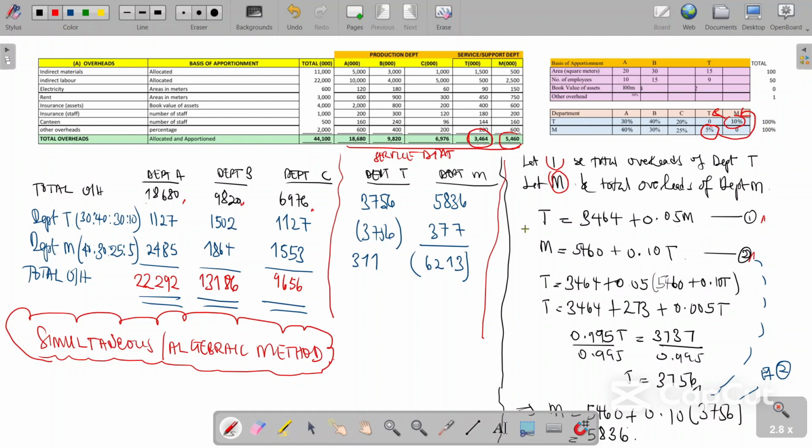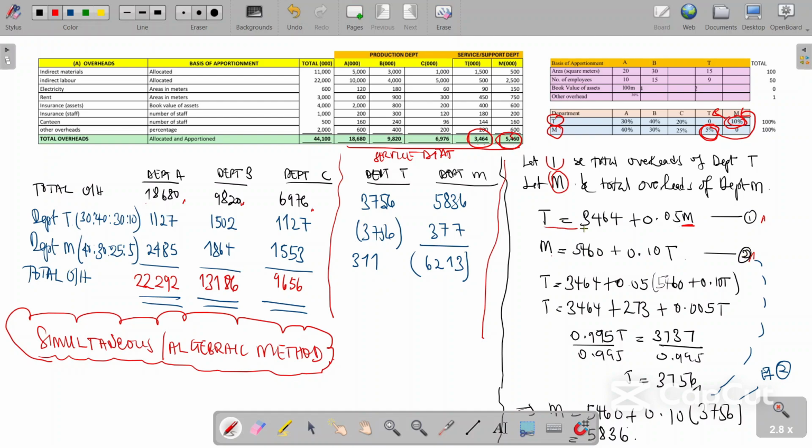So the total overheads here, as stated over here, should be T = 3464 plus 5% of department M. Then M = 5460 plus 10% of department T. Now, having established these two equations, let's use the substitution method.